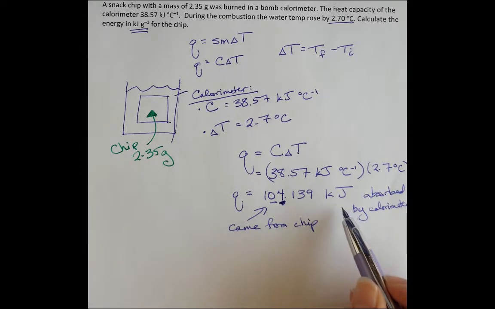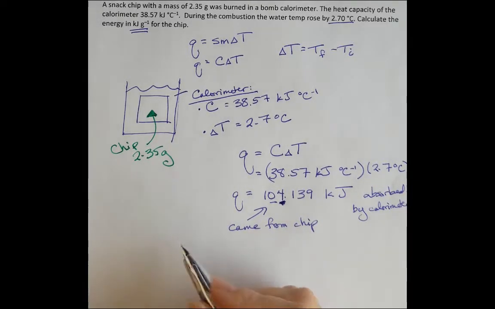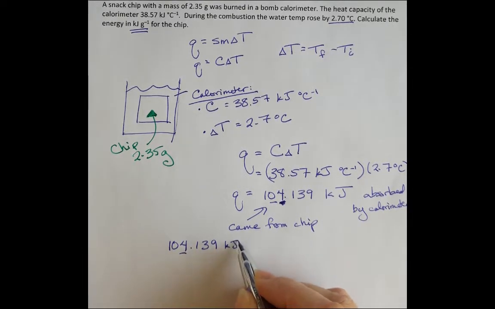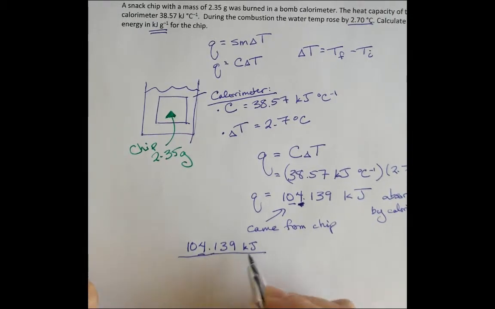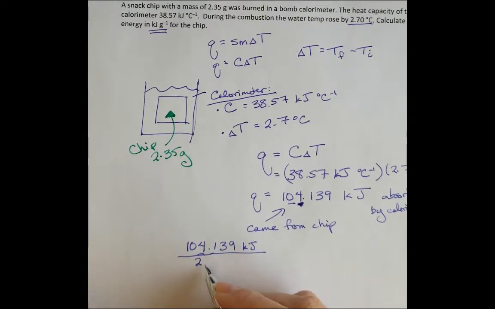So that is my amount in kilojoules, but it asked me specifically for kilojoules per gram. So all I'm going to do to finish the problem is take my number of kilojoules and divide by my number of grams.